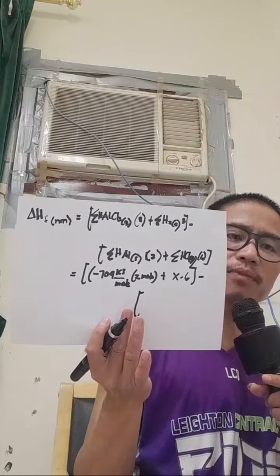Basic theory and concept: if it is a single element that is not a compound, whether gas, solid, or liquid, at 25 degrees Celsius or 298 Kelvin at standard temperature and pressure, the enthalpy change of formation of that element is equal to 0. So I don't have to put anything, because it is 0 by theory and concept.